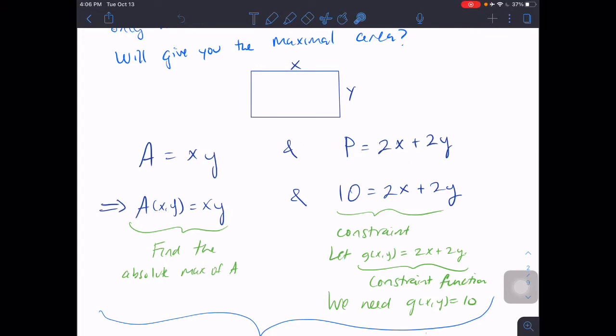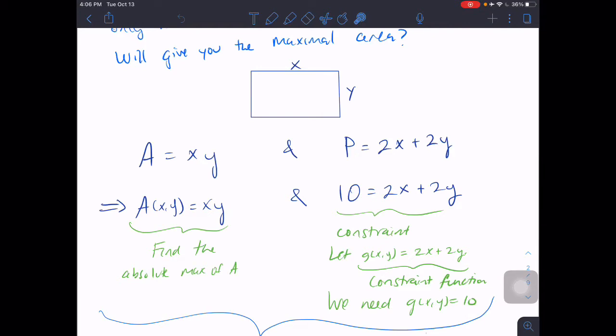But what we're going to do is take this side of my constraint and define a new function called g, which is usually called a constraint function. We're going to define it to be the expression that usually has all the variables that you're using. And if I define this new function g, this equation just means I'm setting the function g equal to 10.